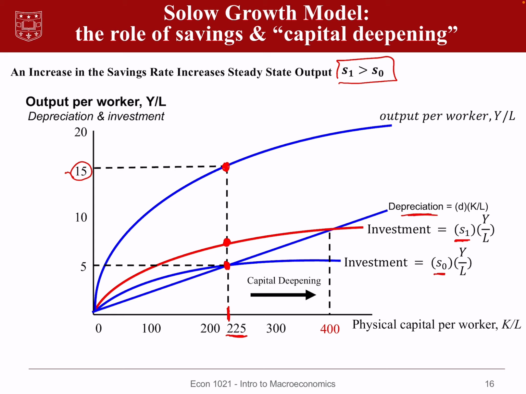So depreciation isn't changing. So the country's adding to the capital stock, or is experiencing what's known as capital deepening, an increase in capital per worker. And we transition along this curve and along the depreciation line to the new steady state, where, of course, we also see a higher level of output per worker.